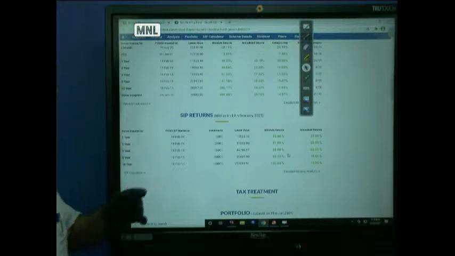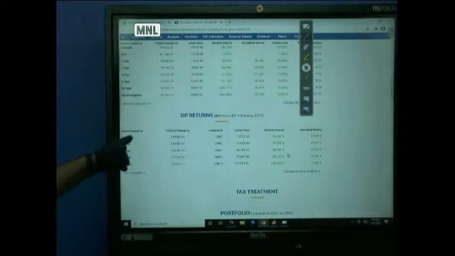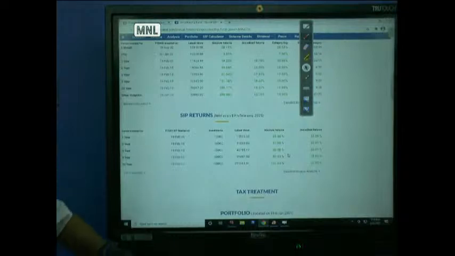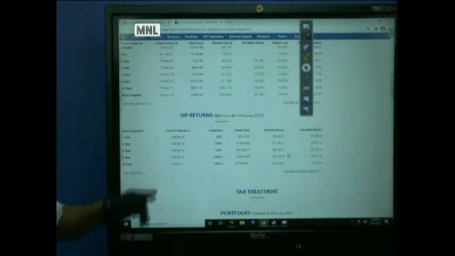Now, at the end of 1 year, the return is 58% if you have done a methodical investment, that is every month in the last 1 year. If you have invested every month for 2 years, it is 28%. 3 years is 22% and 5 years is 18.61%. So what does it show?